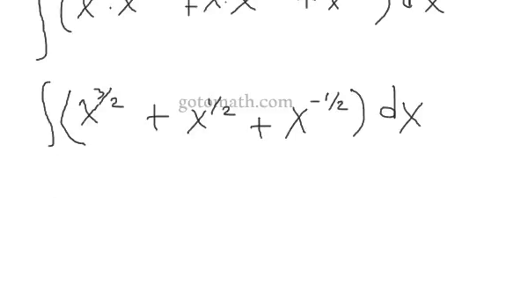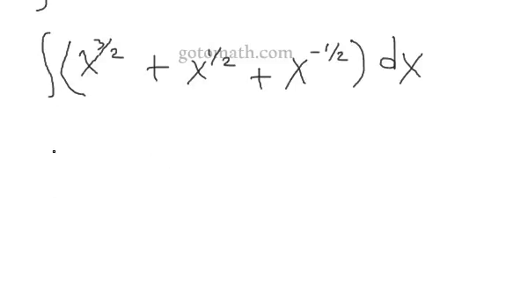Okay, finally we've gotten somewhere. I should have been writing equal signs out here to the left. So what do we do? We add 1 to the exponent, so this becomes 5 halves. And then of course we put the 5 halves down here.